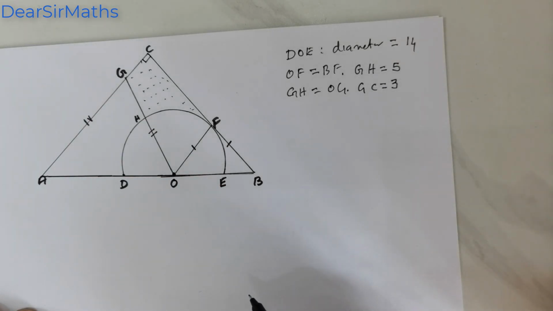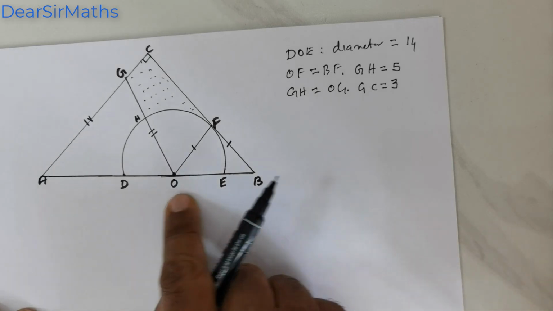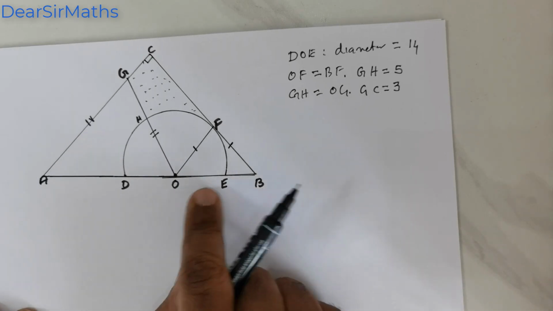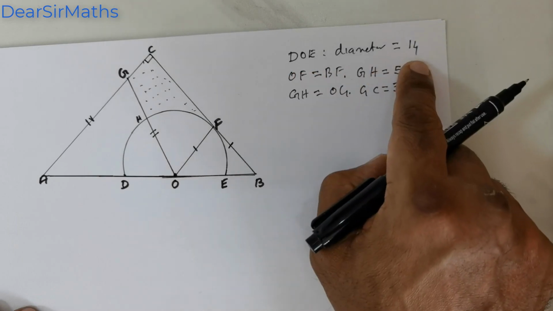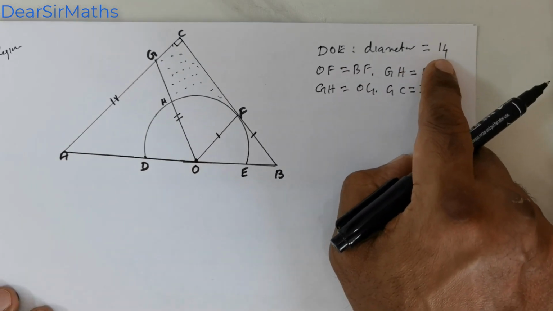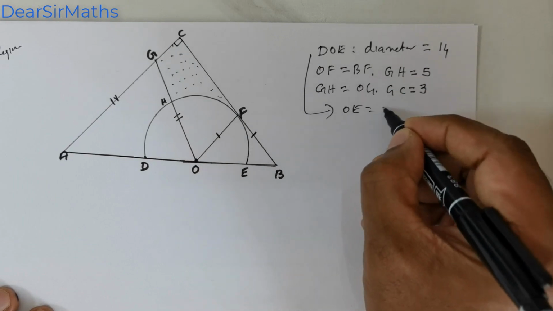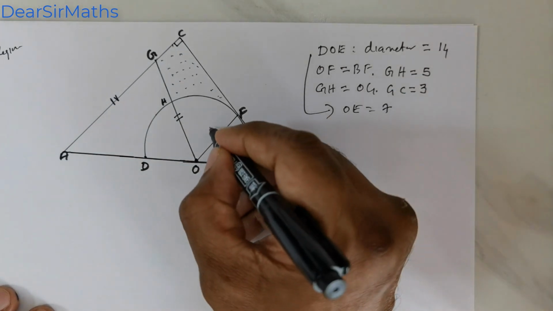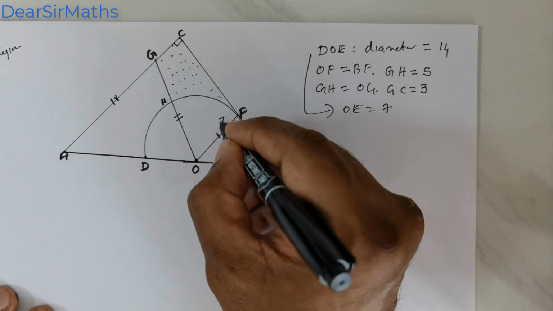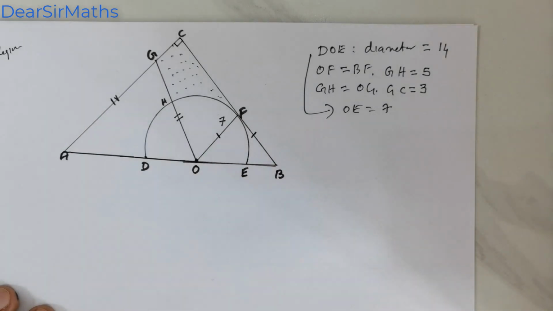So if I were to write these things down, foremost we got DOE, which is 14 units. So 14 units means the radius OE will be 7 units. So this is going to be 7 units.